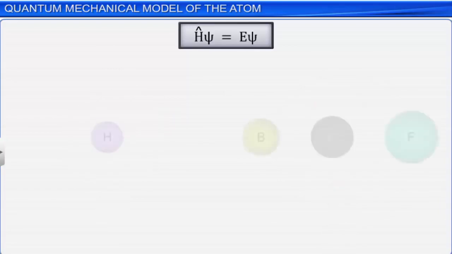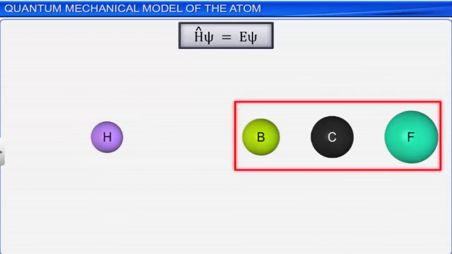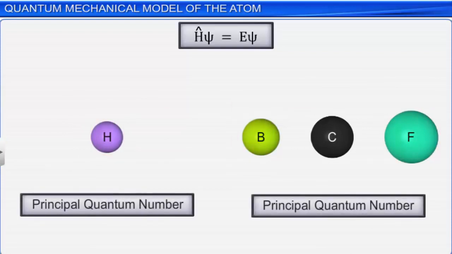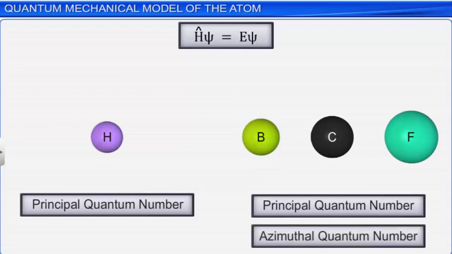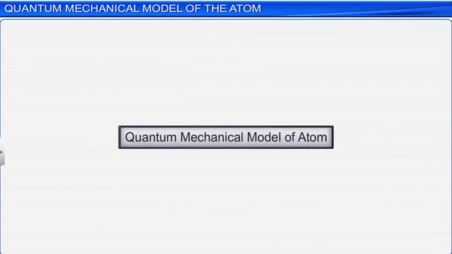In addition, unlike orbitals of hydrogen or hydrogen-like atoms, whose energies depend only on the principal quantum number, the orbital energies in multi-electron atoms also depend on azimuthal quantum number, in addition to principal quantum number. Let us now move on to certain other important aspects of the quantum mechanical model of atom.